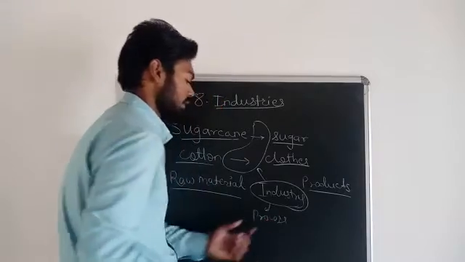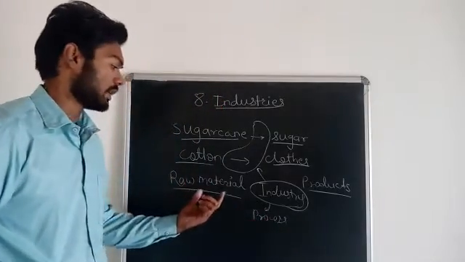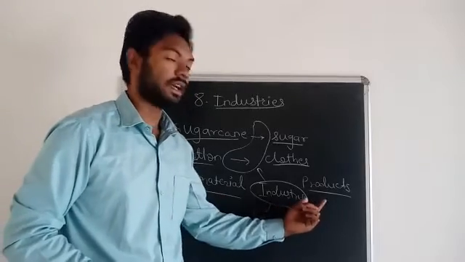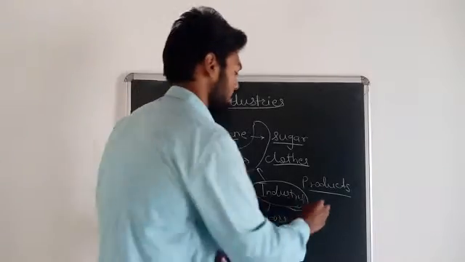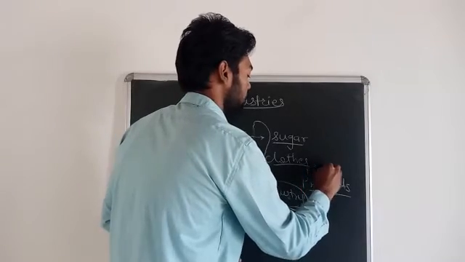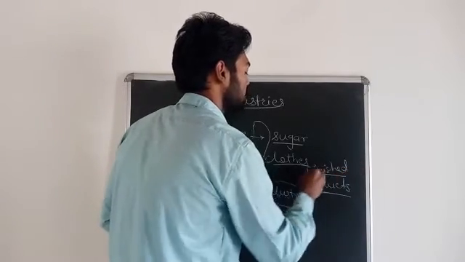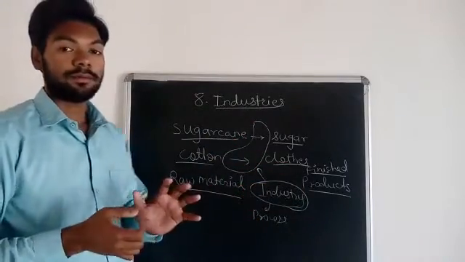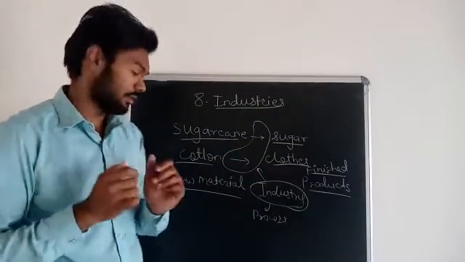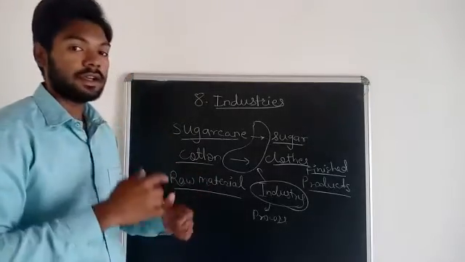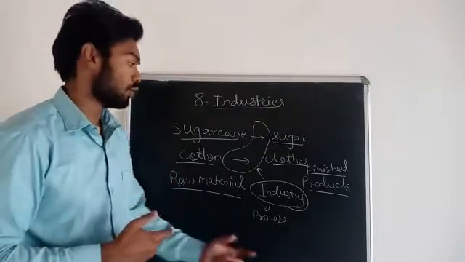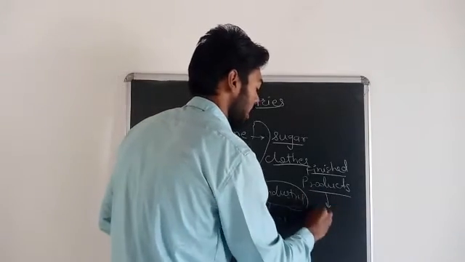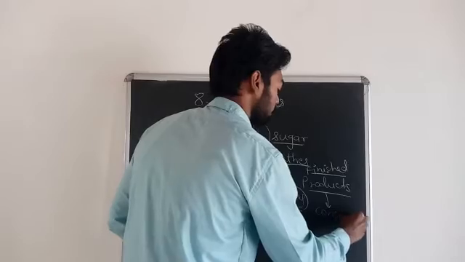Due to processing this material we will get something called a finished product. So that is the general definition of industry. Industry is a place where we send raw material, and this raw material is processed to make certain finished products that are then used by the consumers.